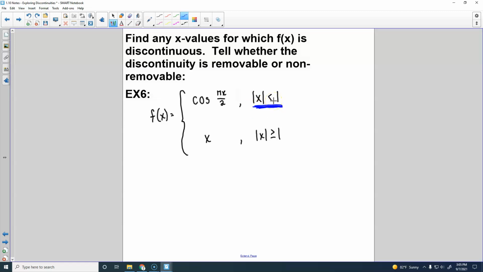When you see absolute value of x is less than 1, what kind of numbers have an absolute value that is less than 1? -1 up to 1. Right? Between -1 and +1, they're going to have an absolute value less than 1.